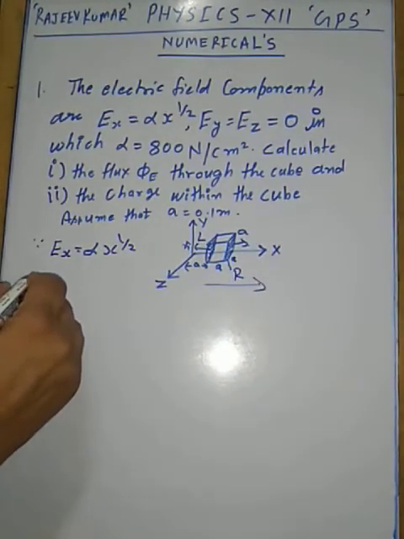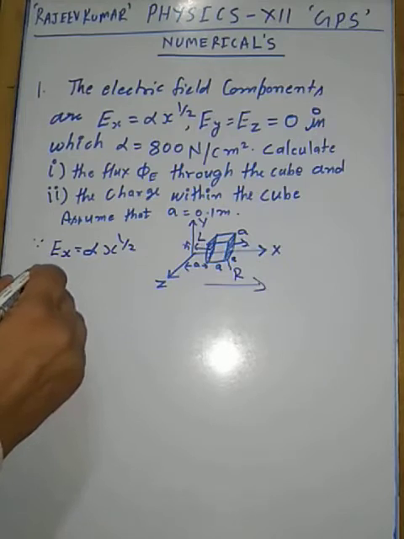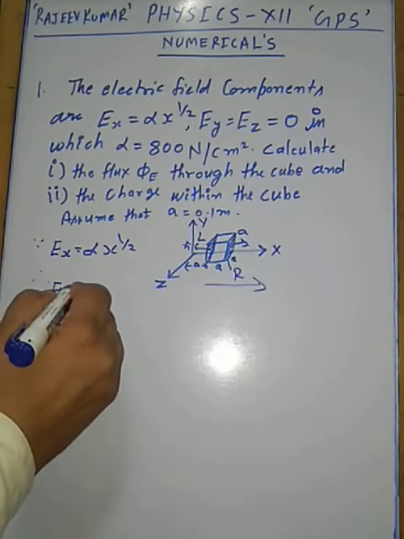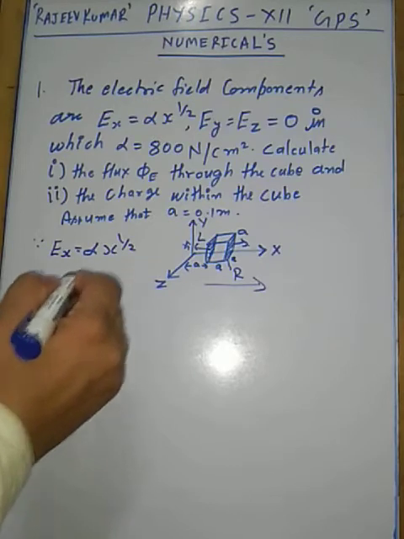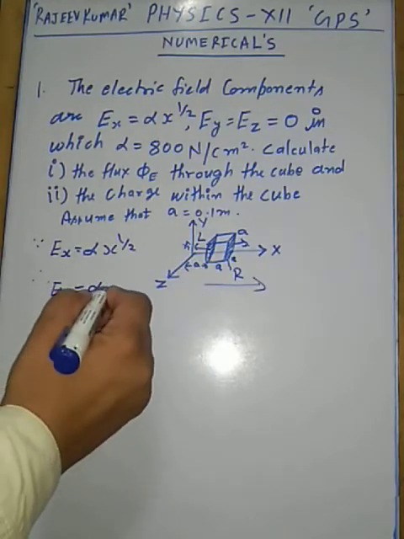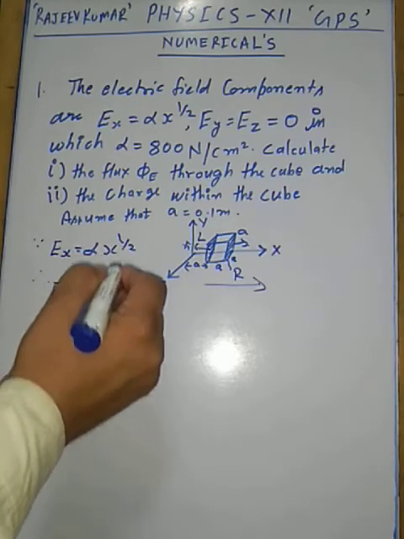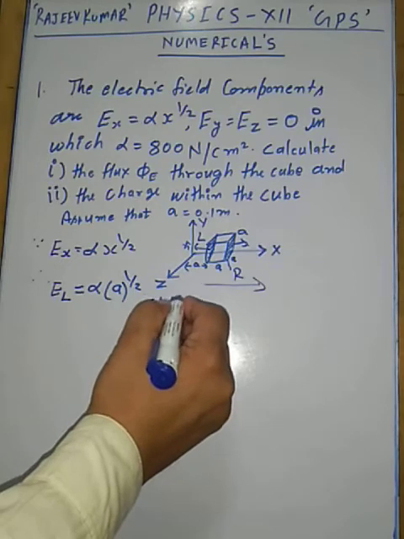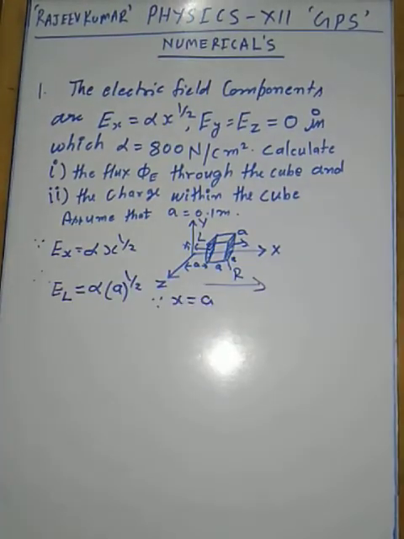First of all we are going to calculate the electric field due to the left face, which is equal to alpha, and the left face is at a distance a from the origin. That is why in place of x we can put the value a raised to the power 1 by 2. We can write x is equal to a.